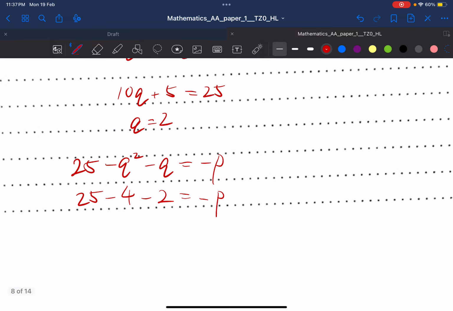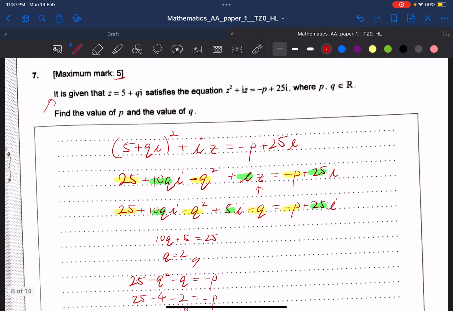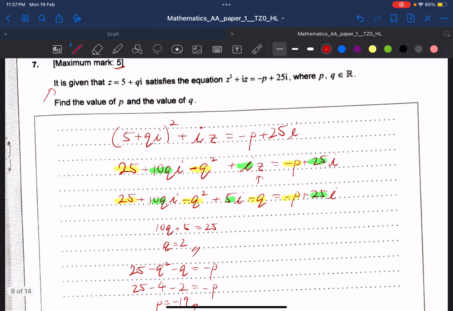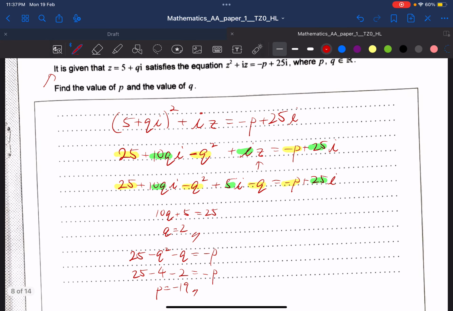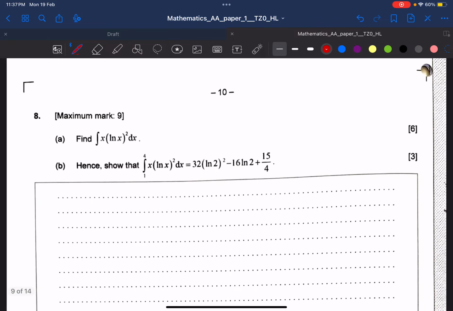So if I've done this correctly, hopefully p would be, what, minus 19, right? Sorry, I'm just doing this as quickly as possible. So hopefully I'm correct. So 5 marks. For these questions, we'll always just compare coefficients. So this is just a general concept.